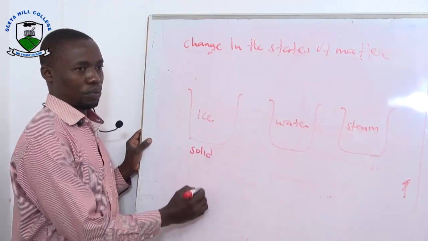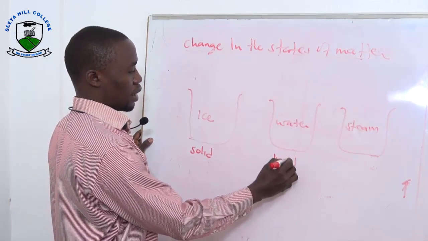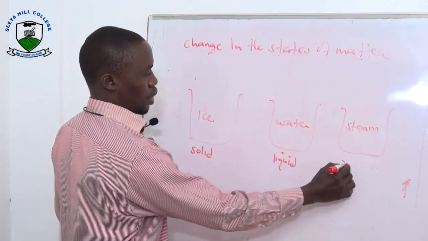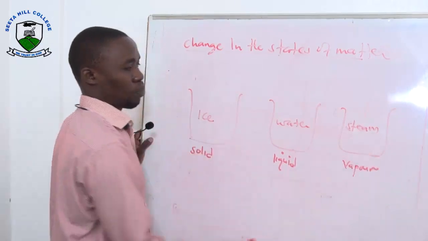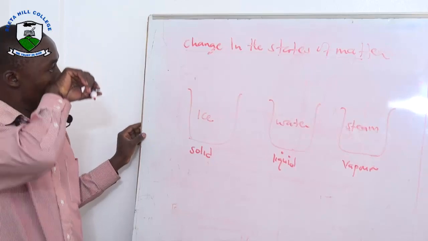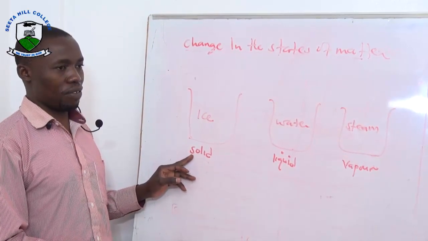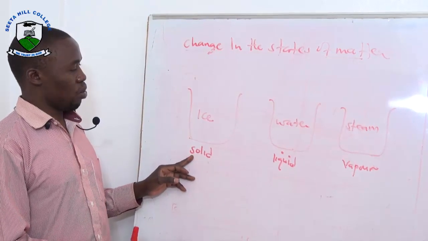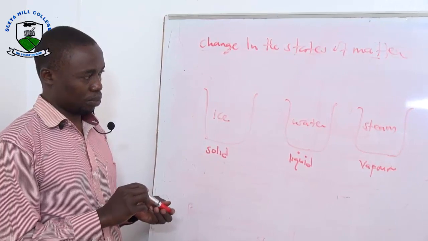Agreed? Water is a liquid, clear. Then steam is a what? A vapor. These are the different changes that have taken place when you subjected the ice to heating, not so?